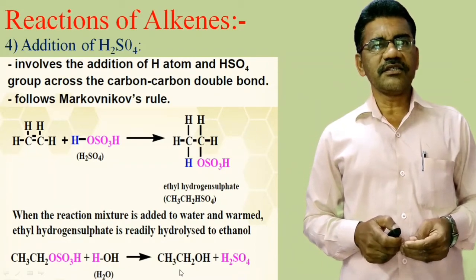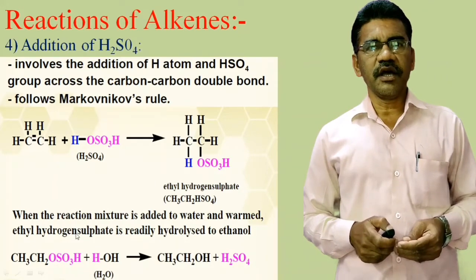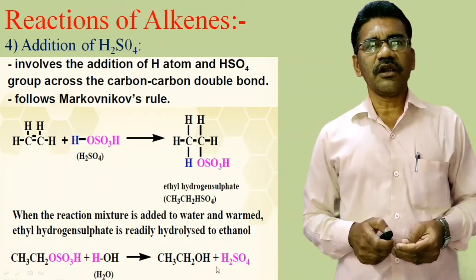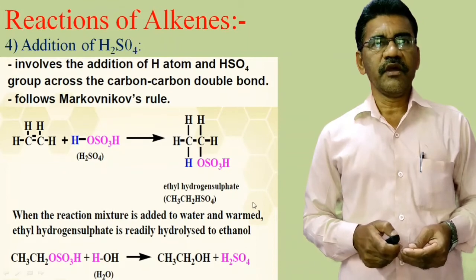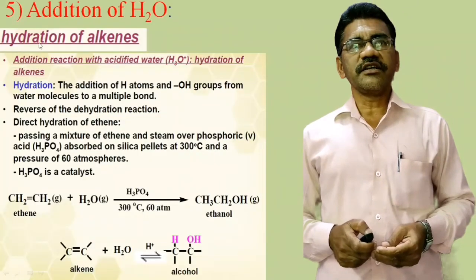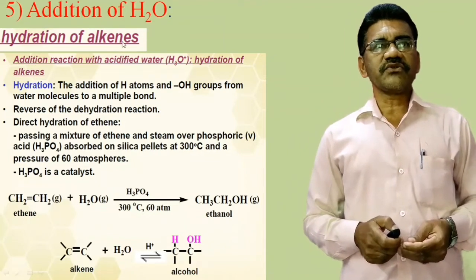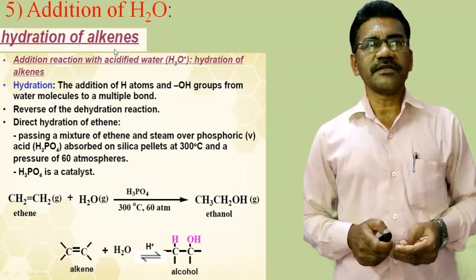First example: ethylene reacts with H2SO4 to form ethyl hydrogen sulfate, and ethyl hydrogen sulfate then hydrolyzes to ethanol, and we again get H2SO4. The fifth addition reaction is addition of H2O, also known as hydration of alkenes.